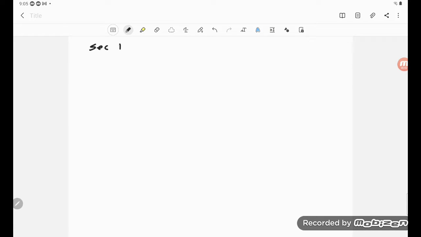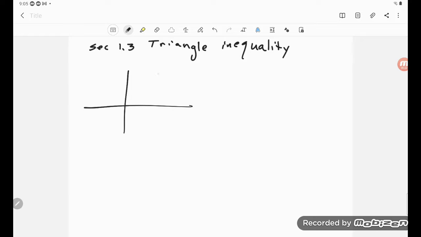So section 1.3, triangle inequality. Now, the reason it's called the triangle inequality is essentially it's just saying that if we want to go here, the quickest way to get there is straight there, not going through two other spots.